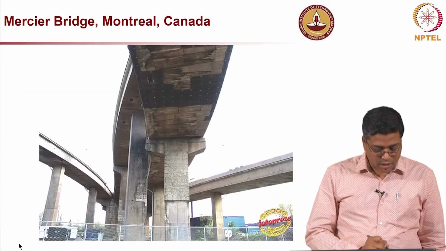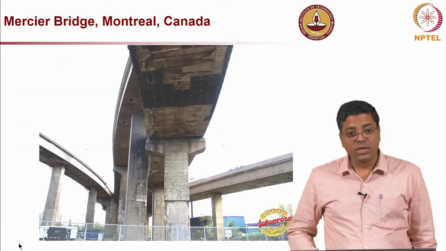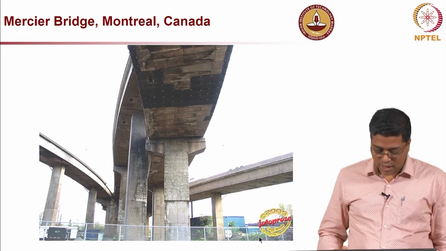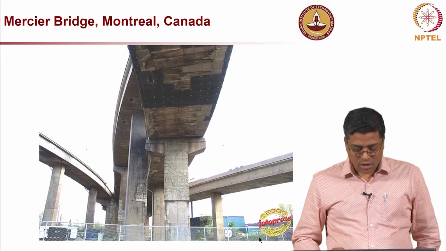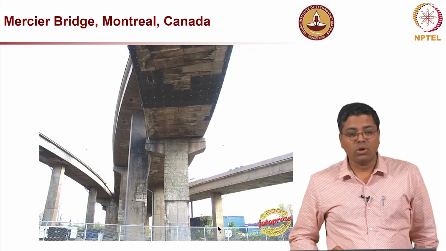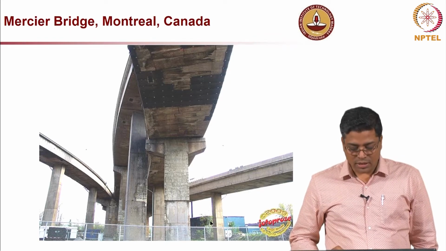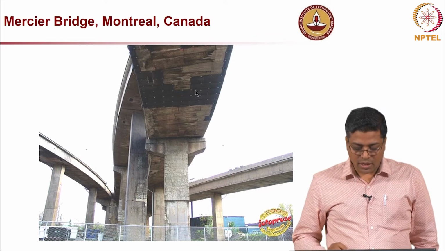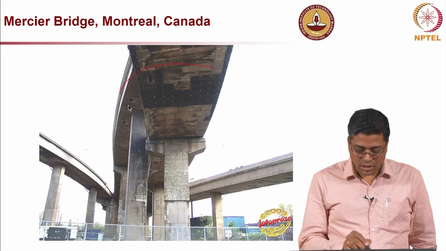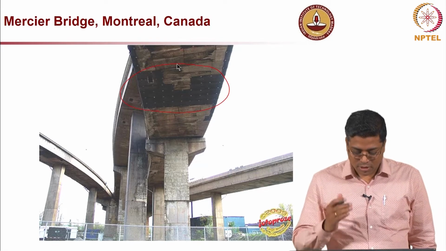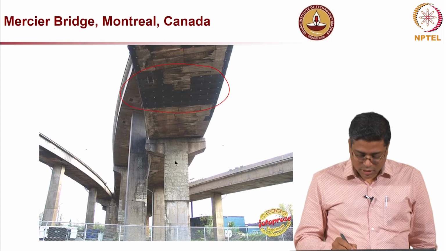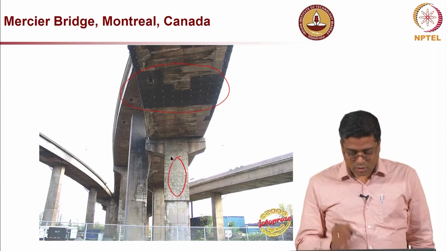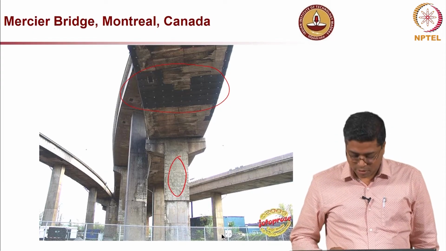Another structure, again in the developed world, in Canada here, is the Mercier bridge, also a couple of decades old bridge, but you can see that the bridge is severely corroding. The net which you see here is actually to protect it from falling down, and then you can see here it looks like an ASR type of problem there.